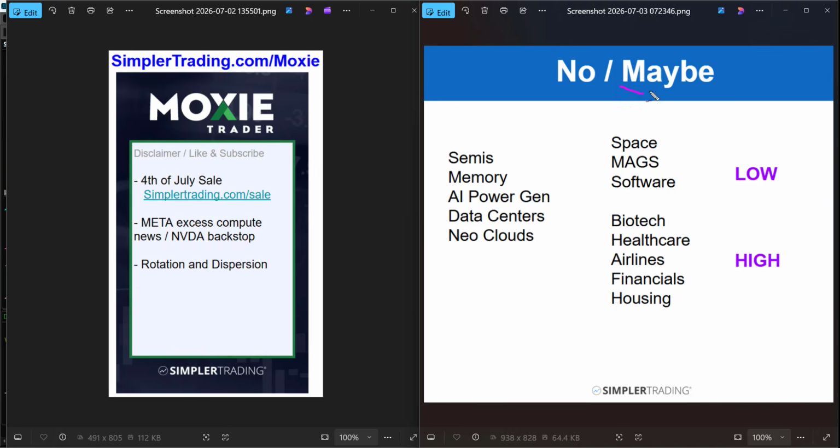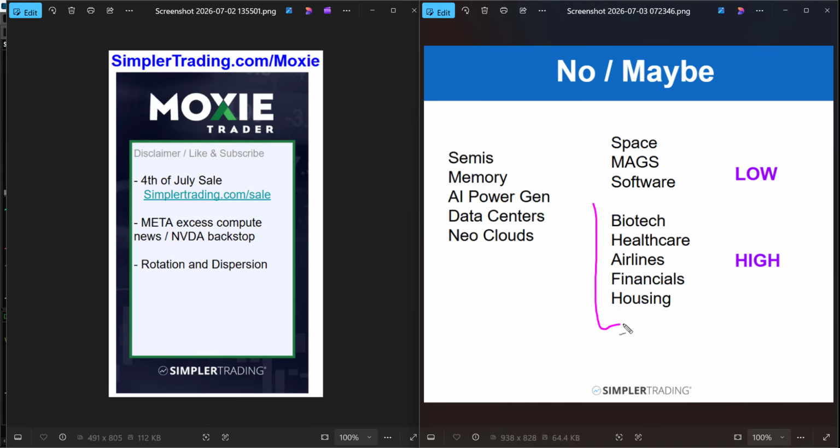I'm going to put this all under maybe, because these are in two different camps. I'm looking at space stocks, the mags, and software as maybes because they're actually so low. I think there could be a rotation into them as a buy the dip or a reversal type play. They're so low that they're actually looking interesting.